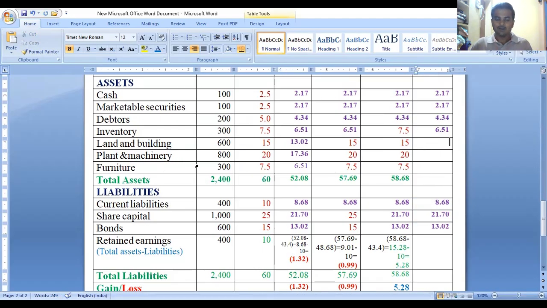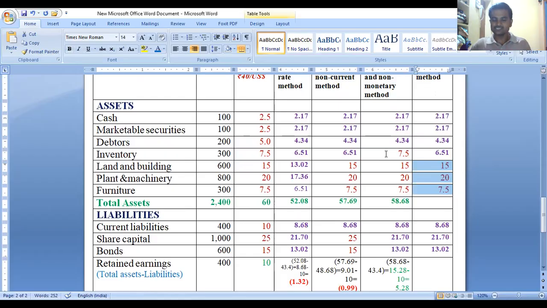Next one is all fixed assets should be converted to the historical rate. Only 3 items are there. See the formula, what it says: all the liabilities and all the current assets should be converted to the current rate. Only fixed assets should be converted to the historical rate. Suppose it comes to the inventory, if the market price is mentioned, then we can convert at the current rate. If it is not mentioned, then we can go for the historical value basis.